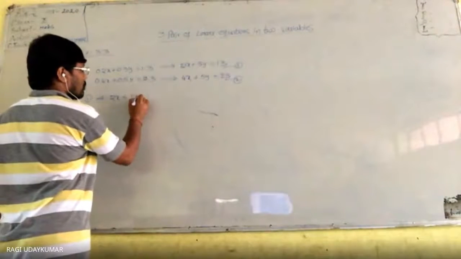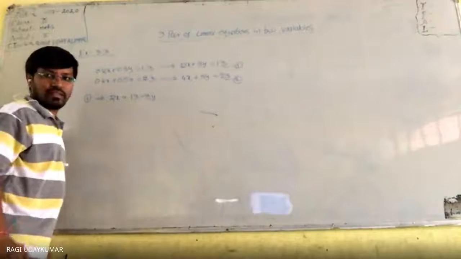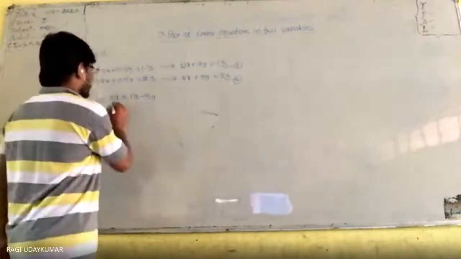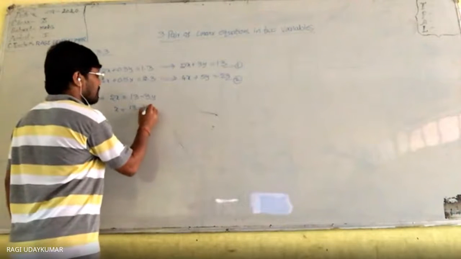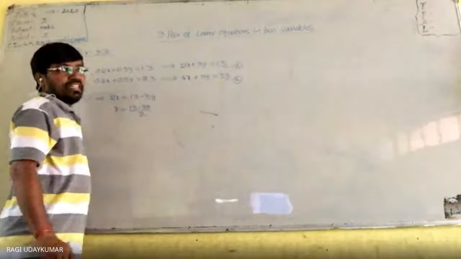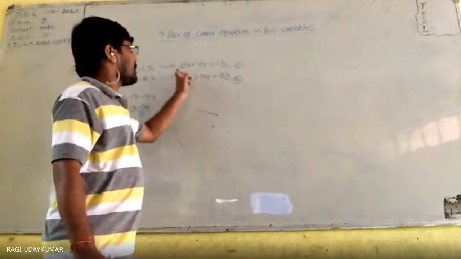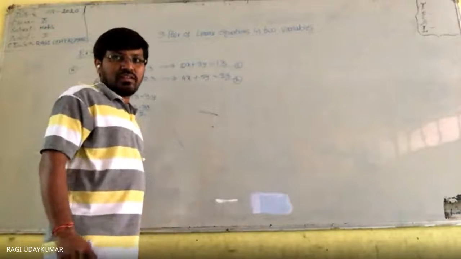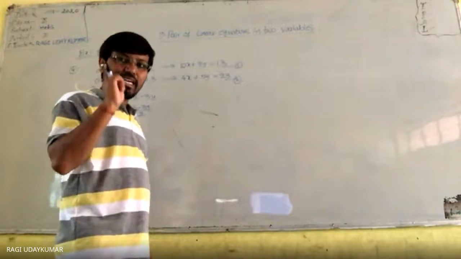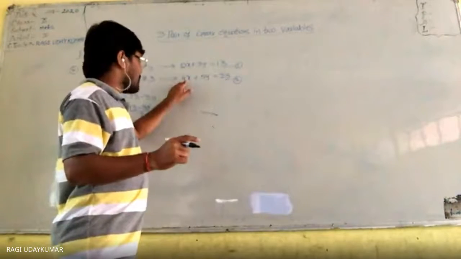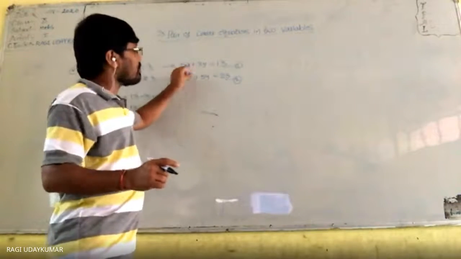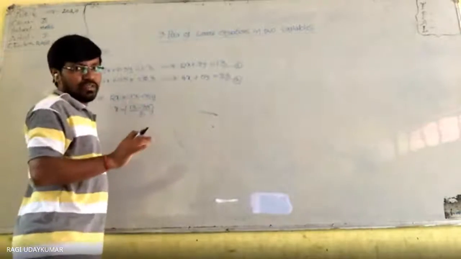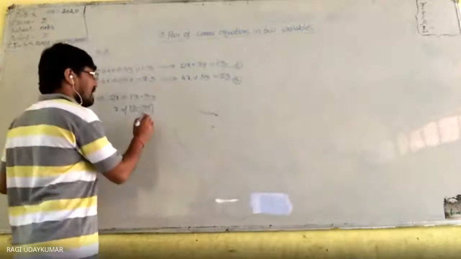So 13 minus 3y will come. 2x is equal to 13 minus 3y, so x is equal to (13 minus 3y) divided by 2. If any coefficient is 1, choose that equation and express it in terms of the other variable, so that the problem becomes a little easier. Otherwise it becomes a little complicated.